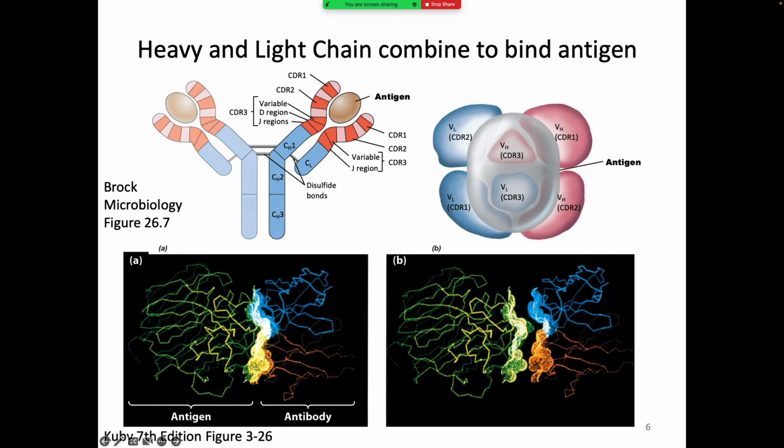So the specific antigen that is bound by our antibody is making contact with both the heavy chain and the light chain. And which antigen this particular antibody will recognize is determined by the combination of heavy chain and light chain that is used. It's not just about which heavy chain, it's not just about which light chain. It has to be the combination of the two. So you can see that antigen is contacted at that antigen binding region by a combination of the heavy chain and the light chain.